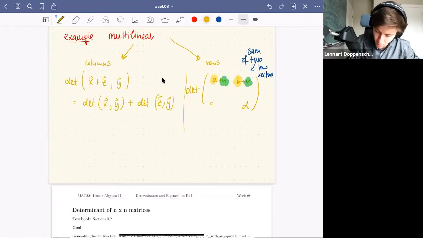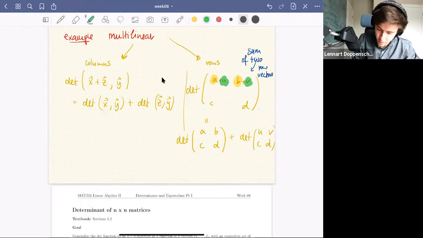So this would be equal to the determinant of AB CD plus the determinant of UV CD, where these two vectors are written as rows.